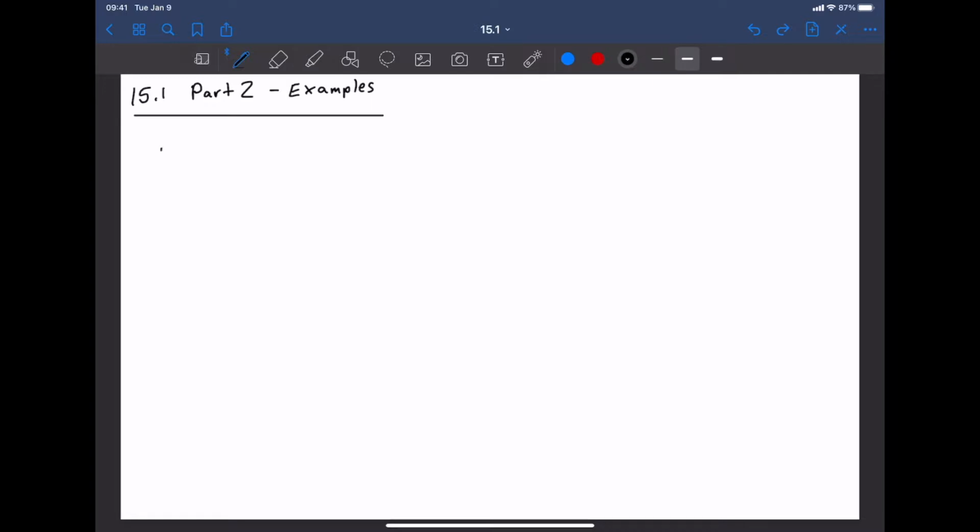It all amounts to, for f of x y, the volume under the surface over a region R. Usually it's going to be rectangular in this video.